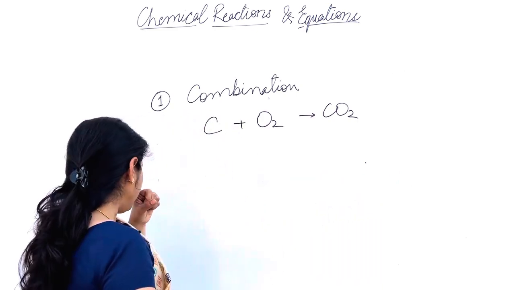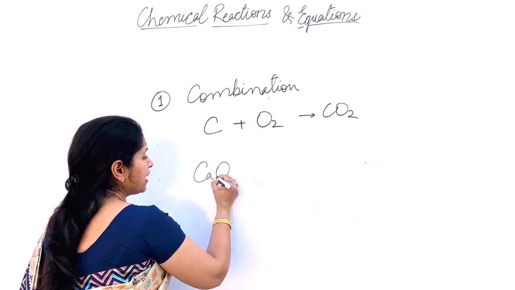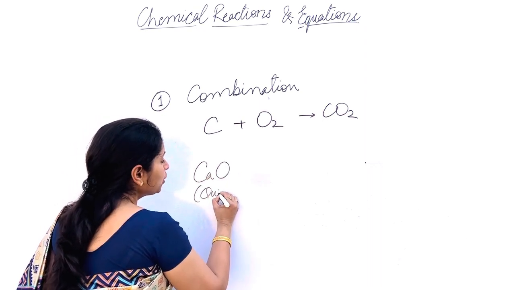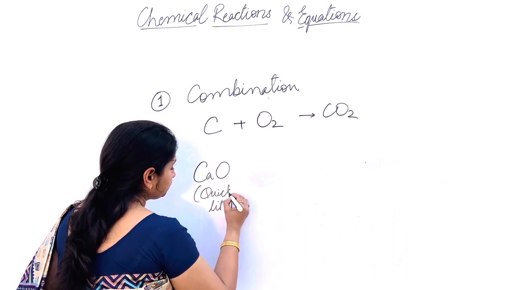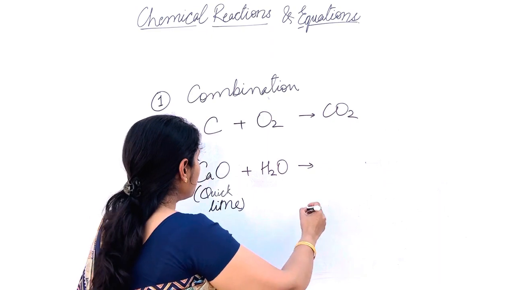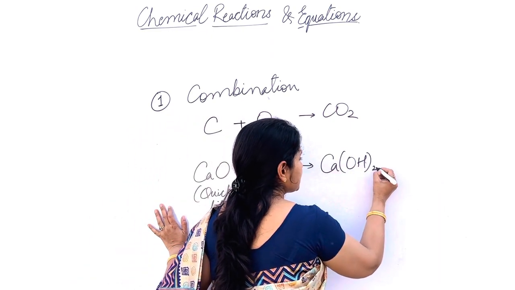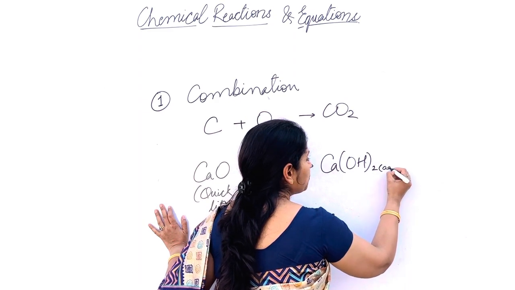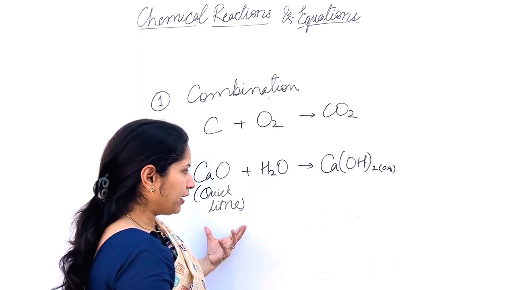Okay, apart from that, calcium oxide is also known as quicklime. It combines with water and forms calcium hydroxide, Ca(OH)2, which is aqueous. It's dissolved in water. Okay, so quicklime is taken.